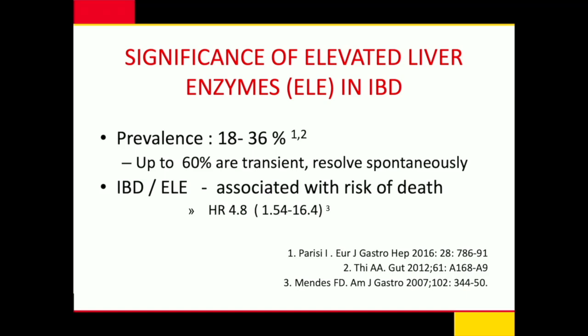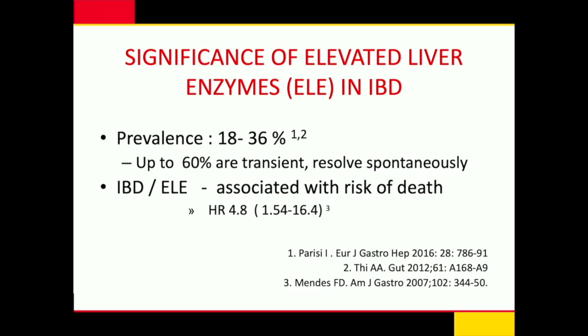So what is the significance of these elevated liver enzymes in IBD? Well, the prevalence is all over the map depending on the kind of study that was done, the definitions used, and so on. The prevalence ranges widely from about 18 to 36%, even 50% in some studies. But up to 2/3 of these are transient, and they resolve spontaneously.